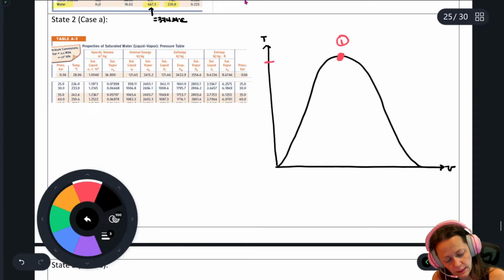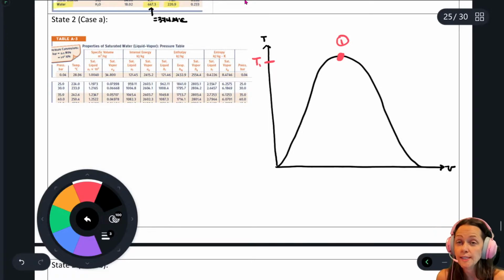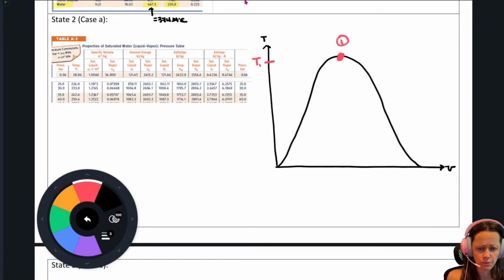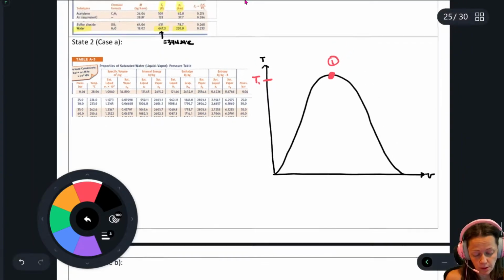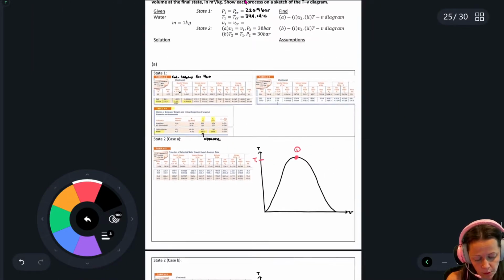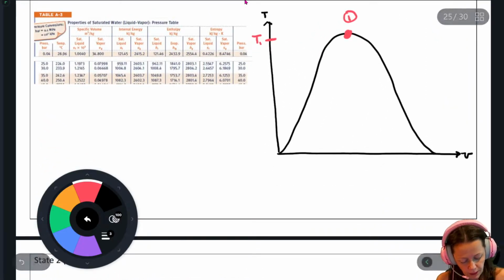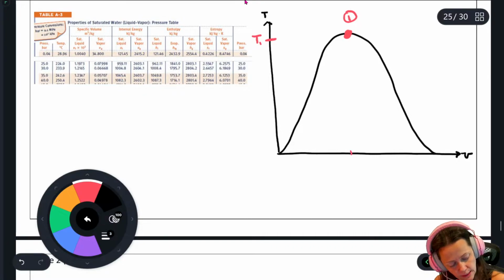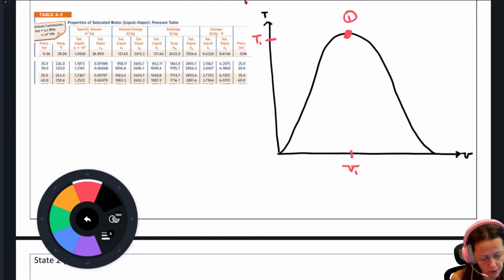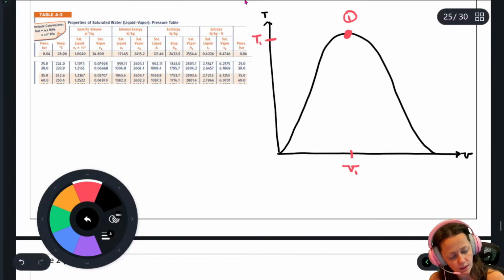And here's my T1, the 374.14 that I labeled in my givens before. And then this right here, V1, that looks good. So that's 0.